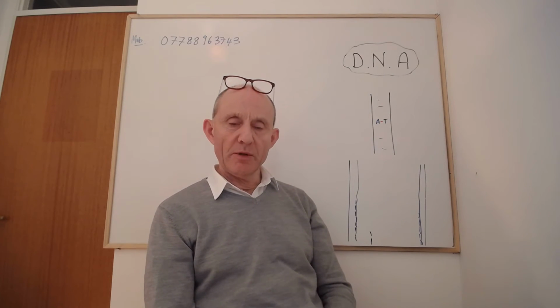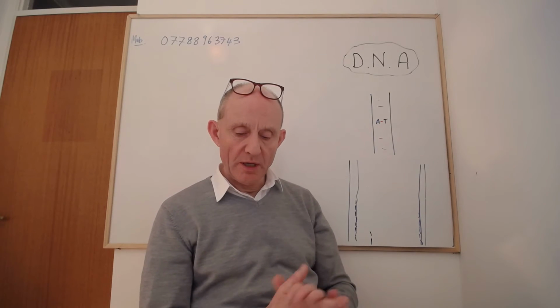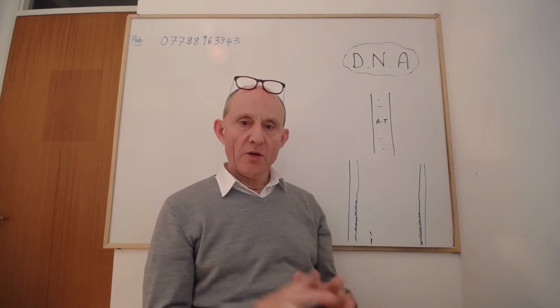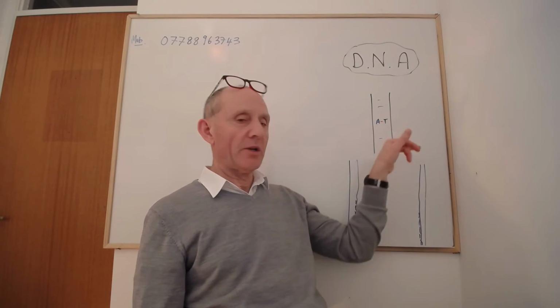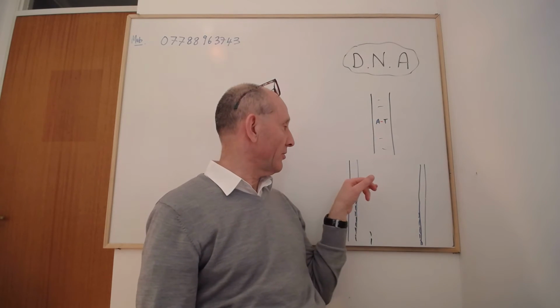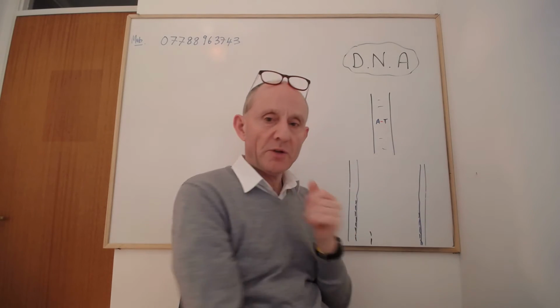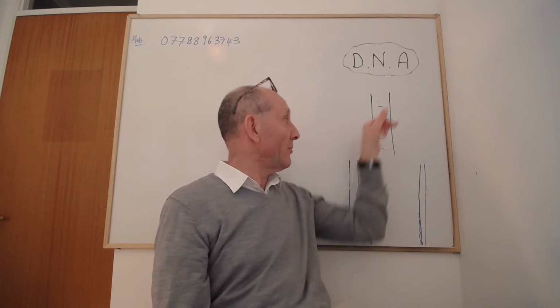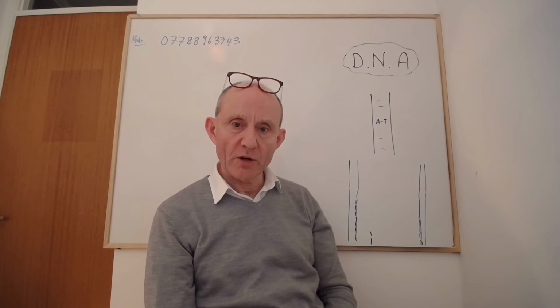So in semi-conservative replication of DNA, you end up with two new DNA molecules that are both identical to the original DNA molecule. Each new DNA molecule consists of a template strand, which comes from the original DNA molecule, plus a newly constructed strand made from free nucleotides.